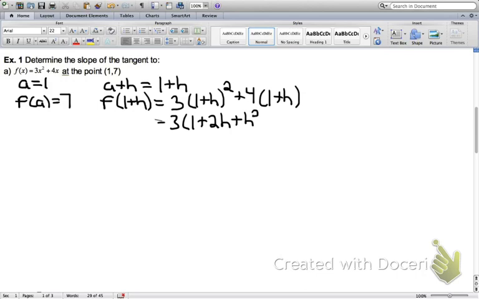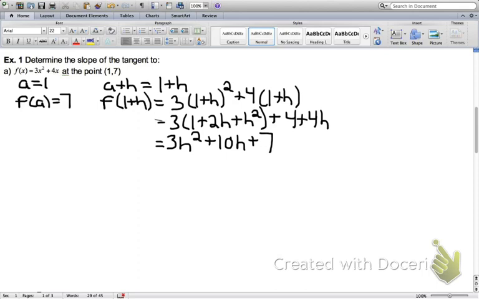So what we have is 3 times 1 plus 2h plus h squared plus 4 plus 4h. Then when we expand and simplify, we get 3h squared plus 10h plus 7.